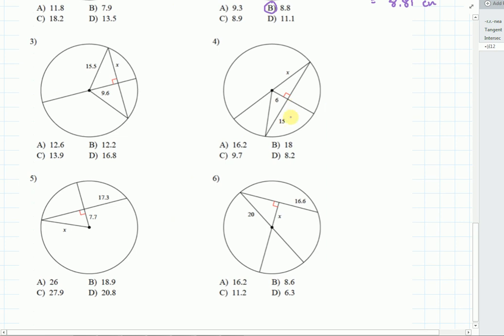Similar sort of thing going on with this one. Again, we've been given the midpoint and the distance, so this time we're doing Pythagoras to find the radius of the circle. So x squared is the hypotenuse, which is 6 squared plus 15 squared, because this is also a radius on that side. So x is the square root of 36 plus 225.